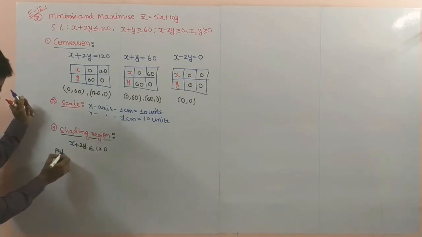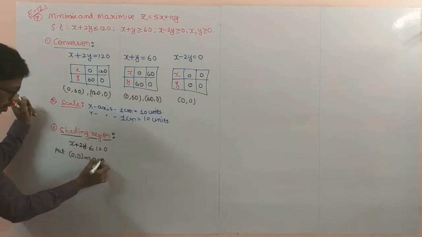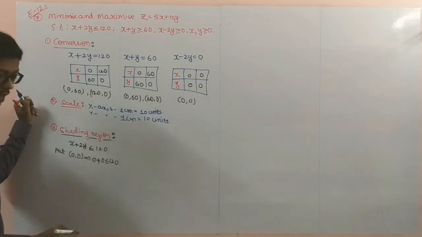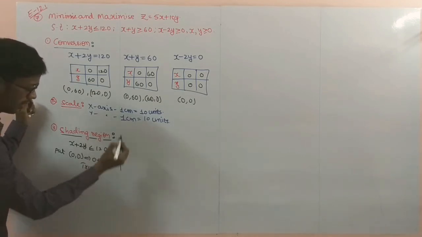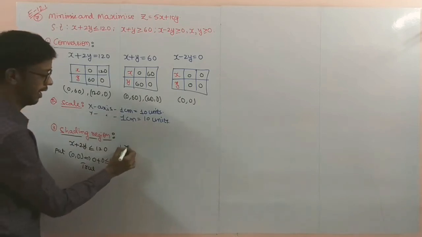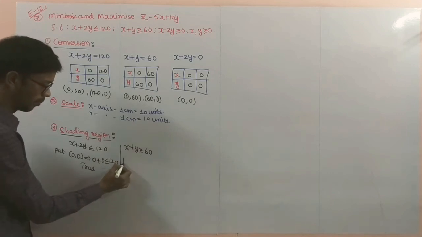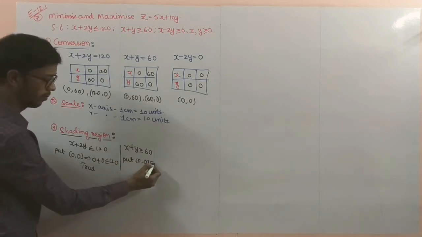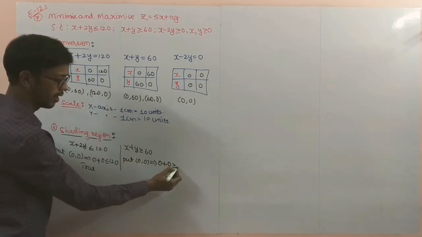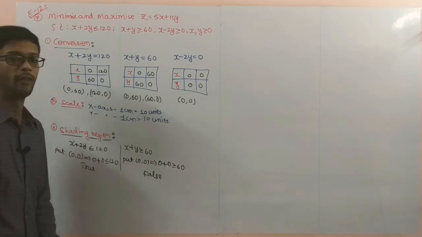Put 0 comma 0: 0 plus 0 is less than or equal to 120. True. Next inequality, x plus y is greater than or equal to 60. Put 0 comma 0: 0 plus 0 is greater than or equal to 60. This is a false statement.